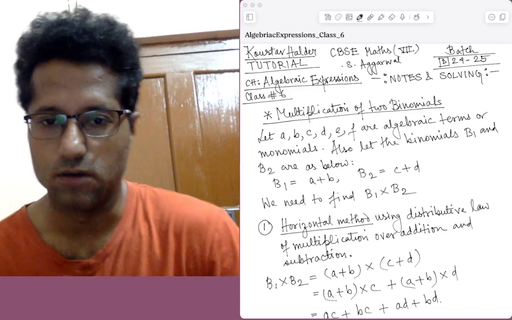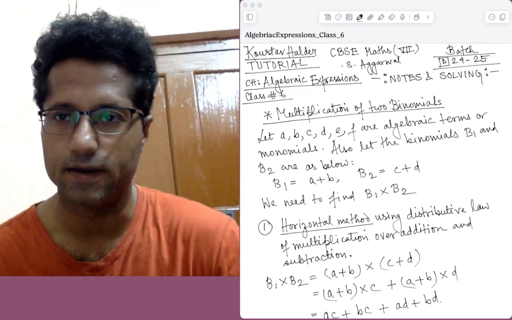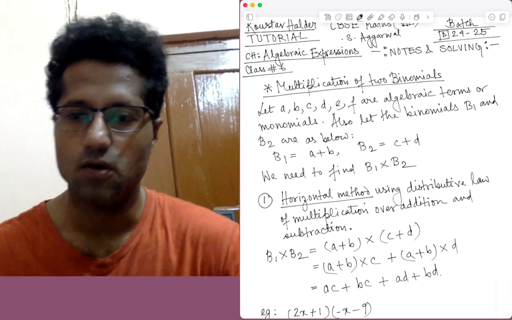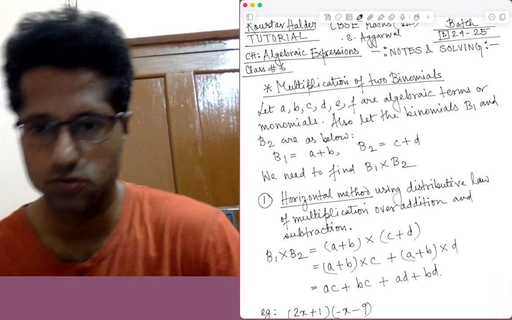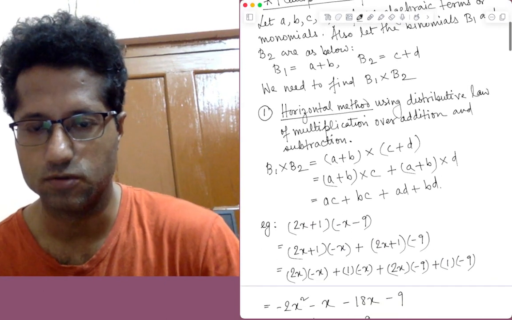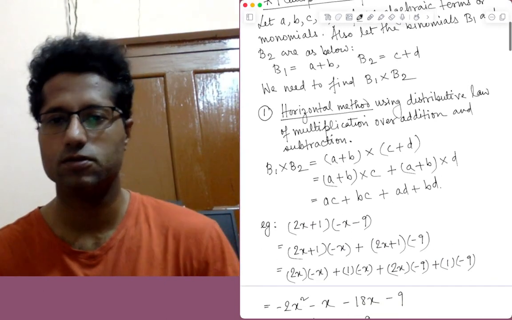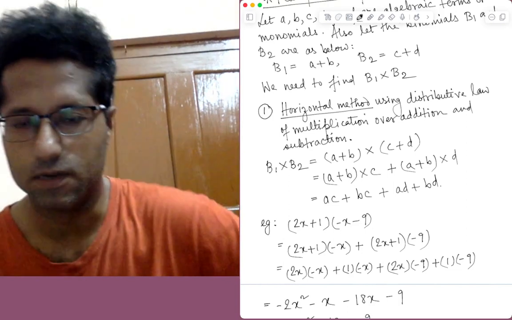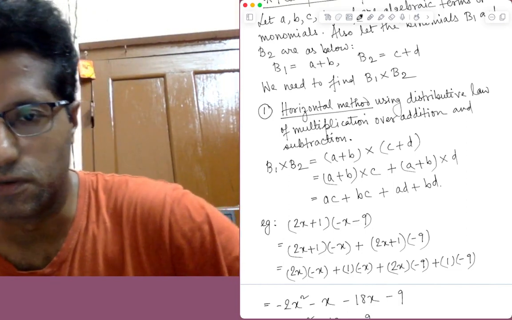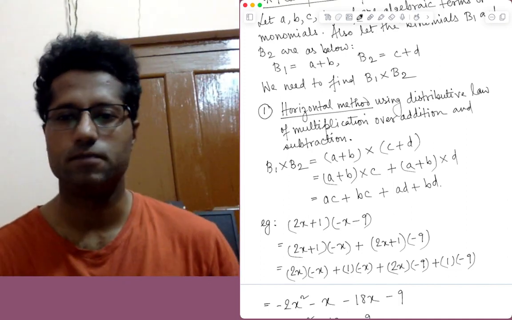Now the horizontal method says that you just use the distributive law of multiplication over addition and subtraction. So in this method, B1 multiplied by B2 is nothing but A plus B multiplied by C plus D. And we have to use the distributive law of multiplication over addition two times.